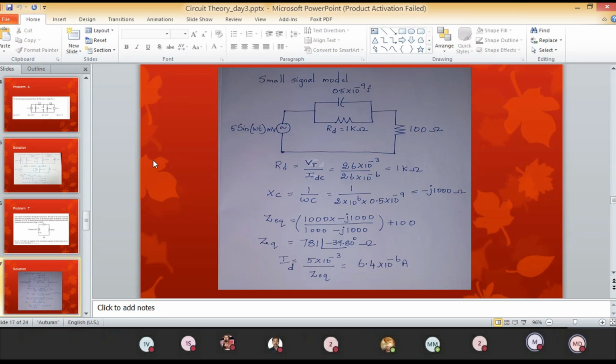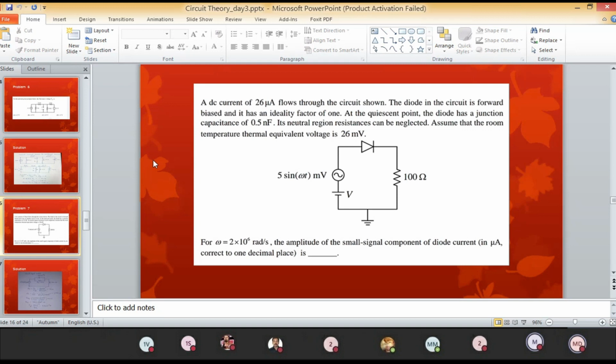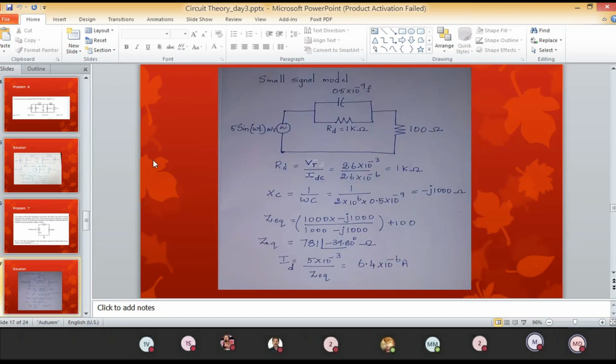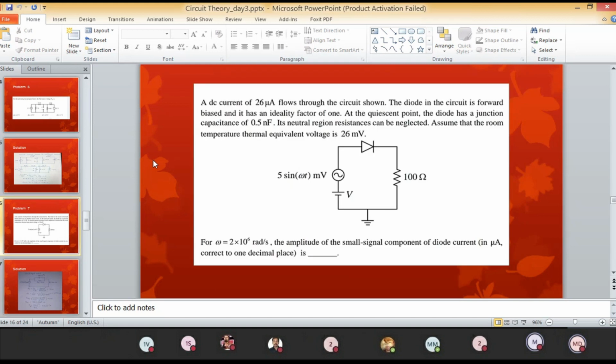Now first draw the small signal model. I have an AC voltage. Then the small signal model is, he has mentioned clearly, the diode has a junction capacitance of 0.5 nanofarads. That's very, very important.